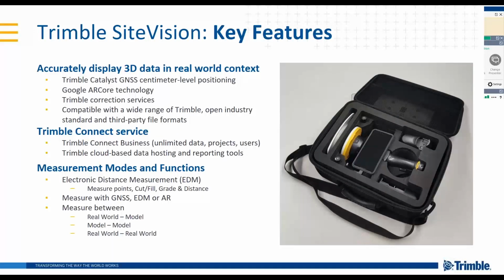The part that actually does the AR side of this is Google's ARCore technology. This is the technology that does the augmented reality side of this product. We have then integrated our Trimble Catalyst into this, and together that is what makes up the bulk of this. But with it, you also get Trimble correction service or Trimble correctors.